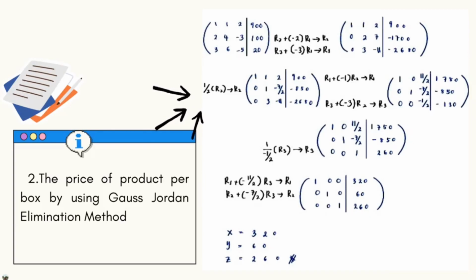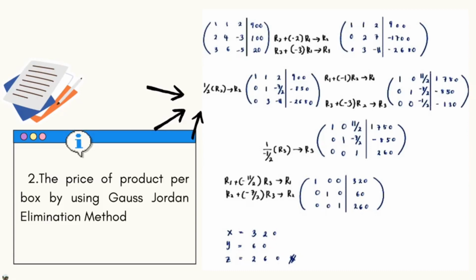So the calculation will be R1 plus -11/2 times R3 becomes R1, and R2 plus -7/2 times R3 becomes R2.